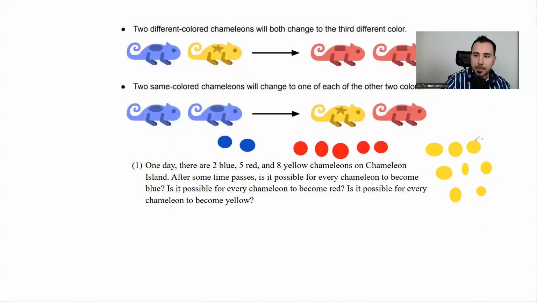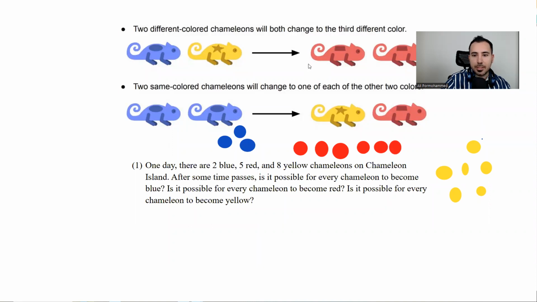So what if we select these two, what happens? These two yellow, one of them becomes red, the other one becomes blue, right? So this becomes 6. 1 will be added to it. Blue. This one is red. So what happens now?